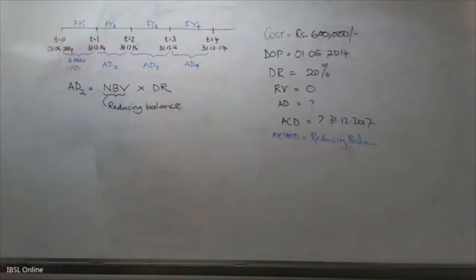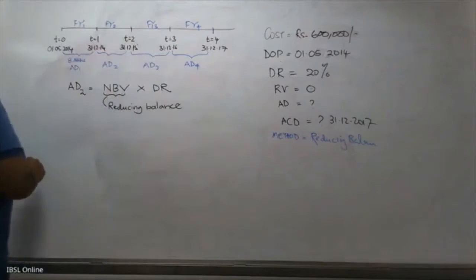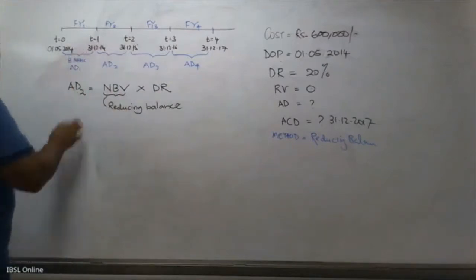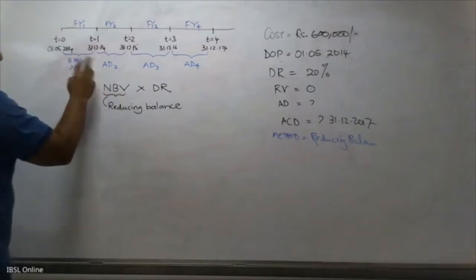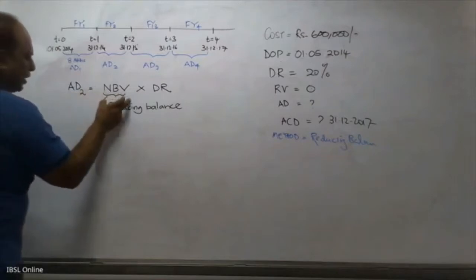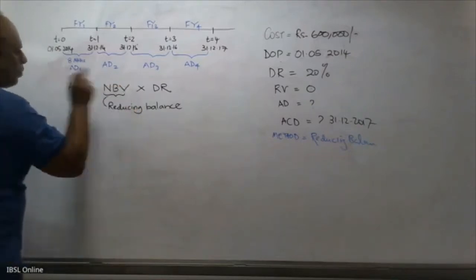So what happens when you go to the subsequent years? The first year there won't be an issue. It's the same as what we do normally. But when you go to the second year, it is actually calculated based on the reduced balance, that is the net book value.